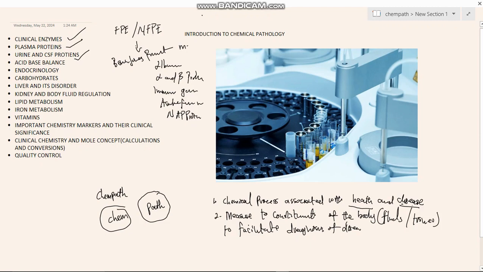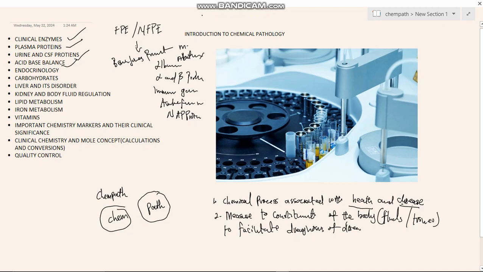Then we will talk about certain chemical procedures that are used to determine urine proteins, like the Albutex method, etc. And after that, we will talk about acid-base balance.